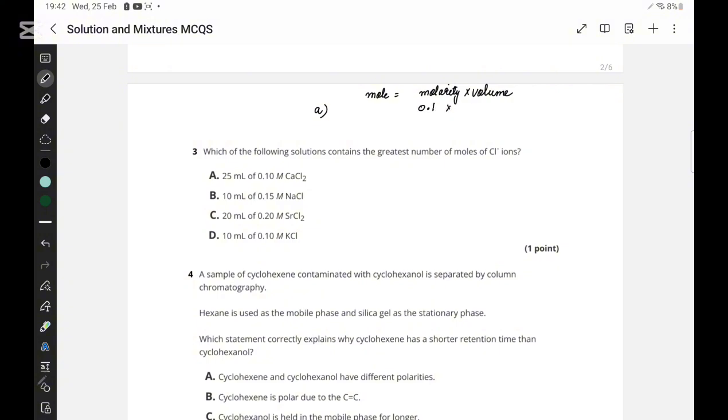And volume is 25 milliliters, but we have to convert it into liters. Divided by 1000, it comes out to be 0.025 liter. Now we have to multiply that with the number of chloride ions. How many chloride ions are there? 2. So the answer comes out to be 5 times 10 to the power minus 3.